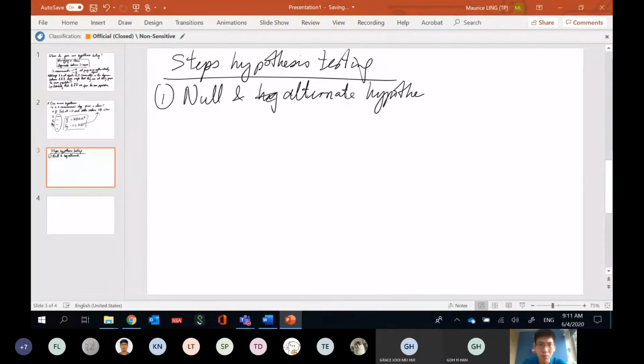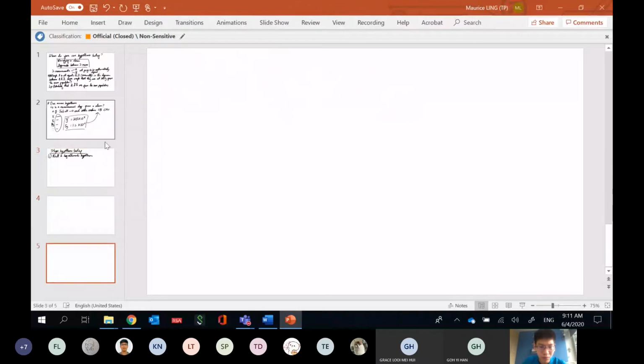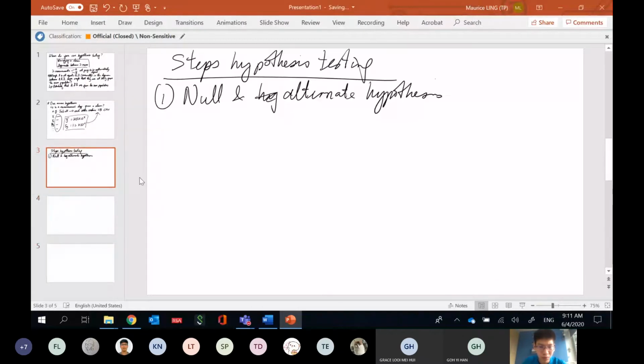Okay. So anybody can tell me, how do you differentiate between null and alternate hypothesis? So let's try Konara. Null is what everyone believes to be true. Then alternate is someone makes another claim.